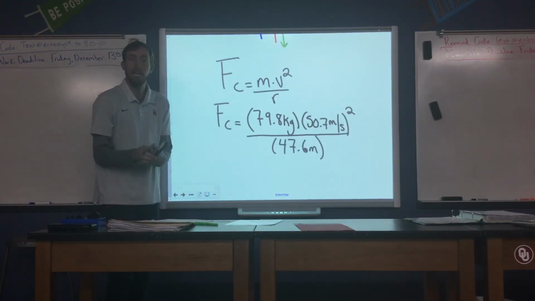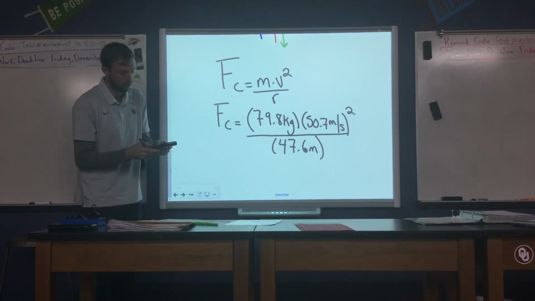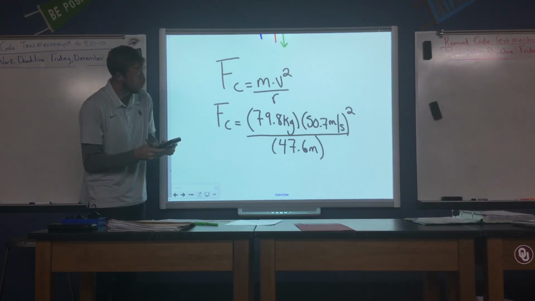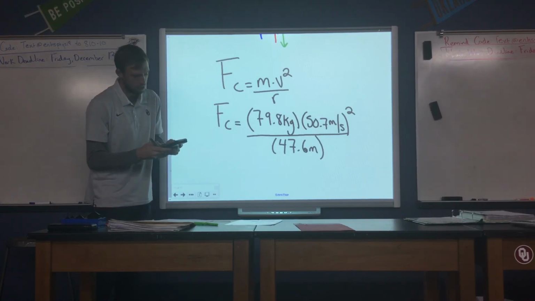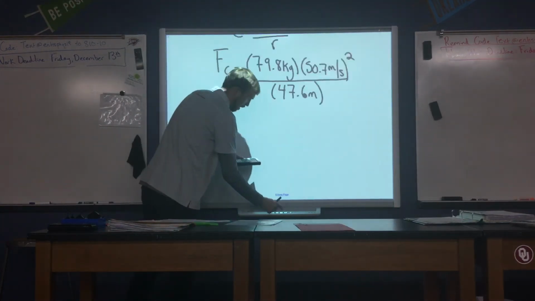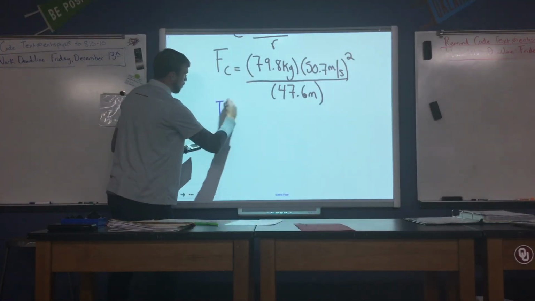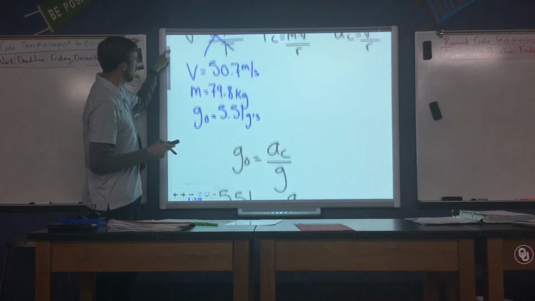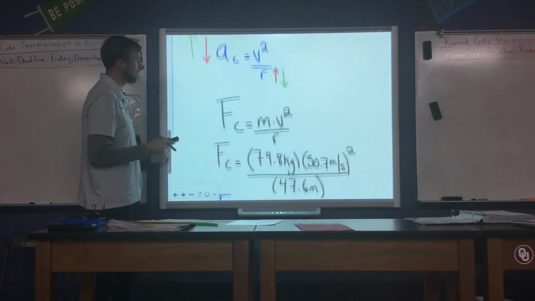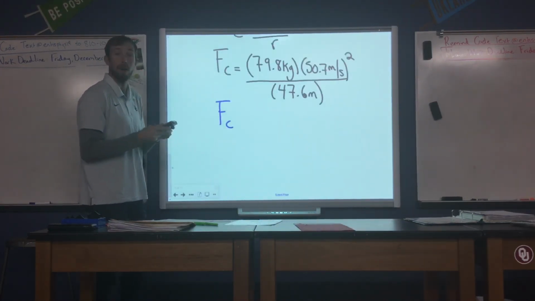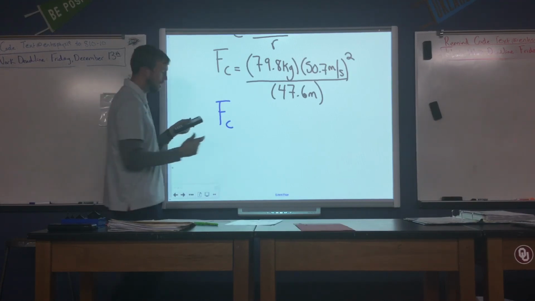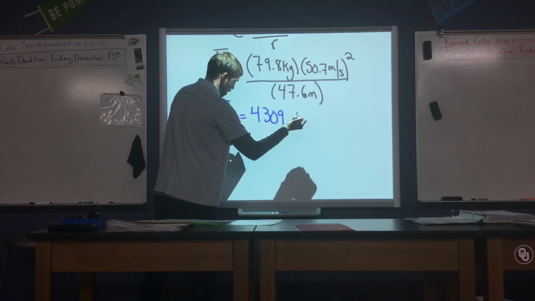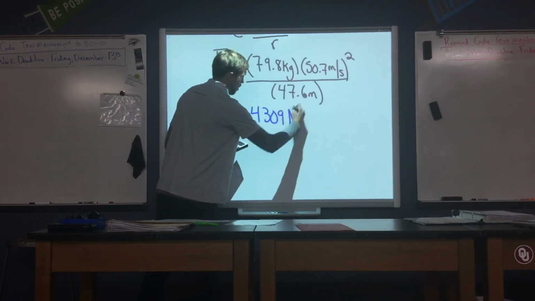So now we can plug in our values to our equation for centripetal force. 79.8 multiplied by 50.7 squared divided by 47.6, and we get about 4309. And that would be newtons.